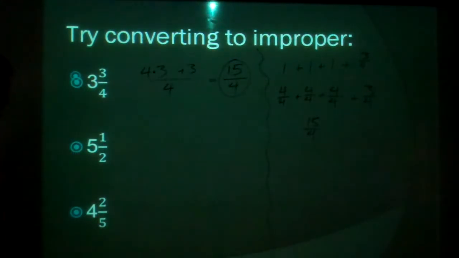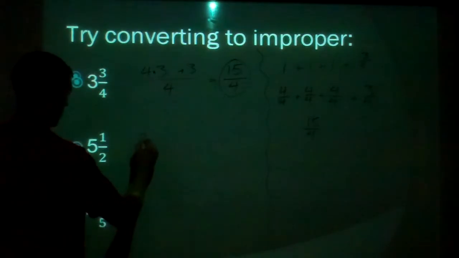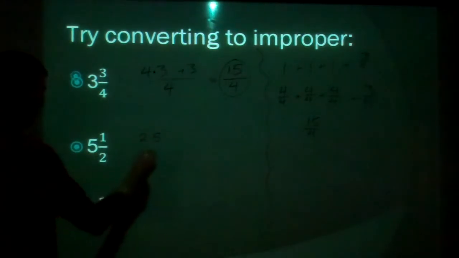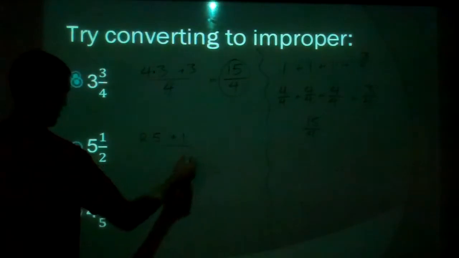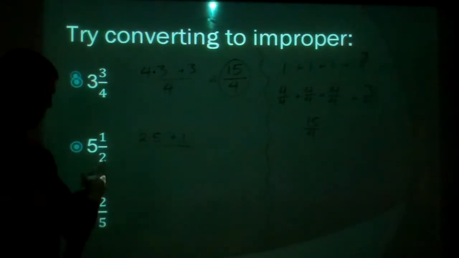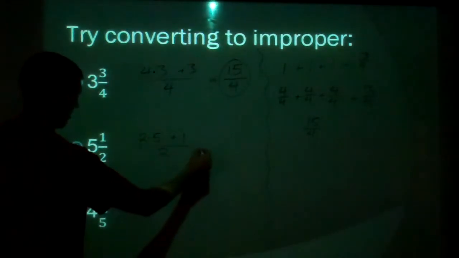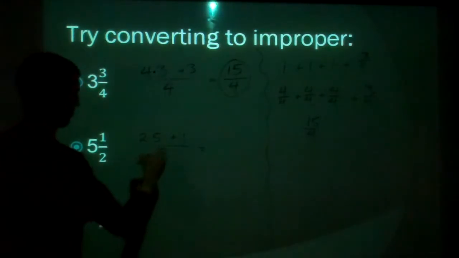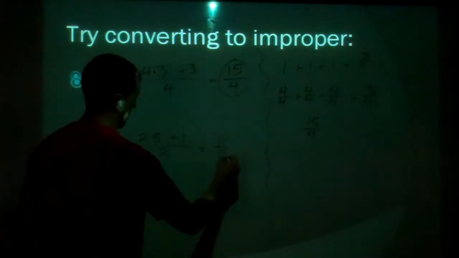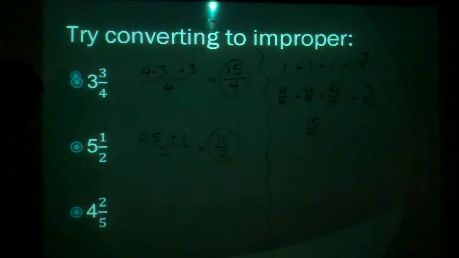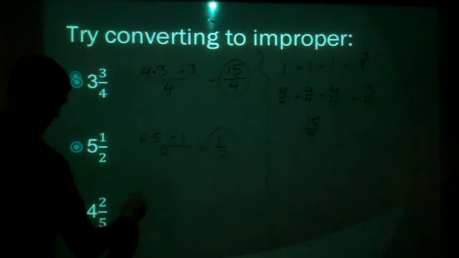Alright, we'll use the shortcut on the last two here. 2 times 5 plus 1. And we're going to be over 2, keep our original denominator. 2 times 5 is 10, plus 1 is 11. 11 over 2. Alright, last one here. 5 times 4 plus 2.